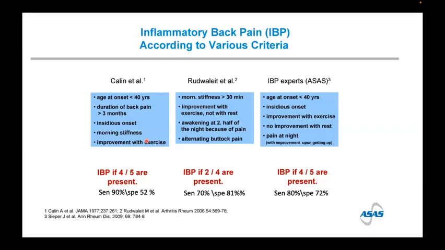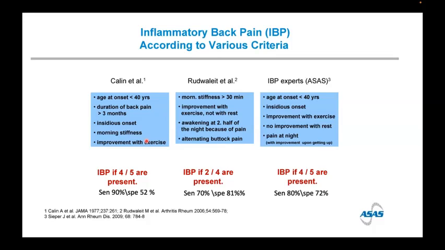If you look at inflammatory back pain through the different criteria, you will see there is no perfect one. Even with the last one, the ASAS expert criteria, there is still a percentage who have axial SpA without classical inflammatory back pain. In clinical practice, most of you dealing with patients know that the history of inflammatory back pain is sometimes so difficult.